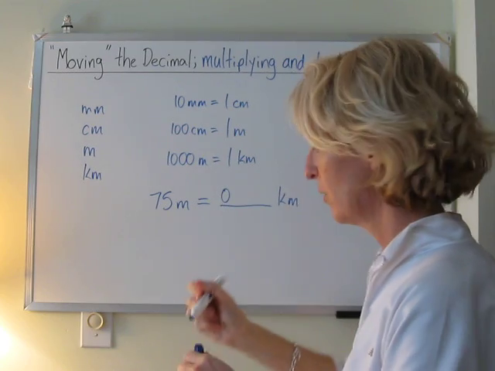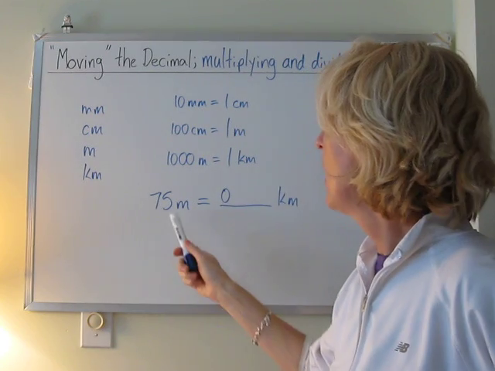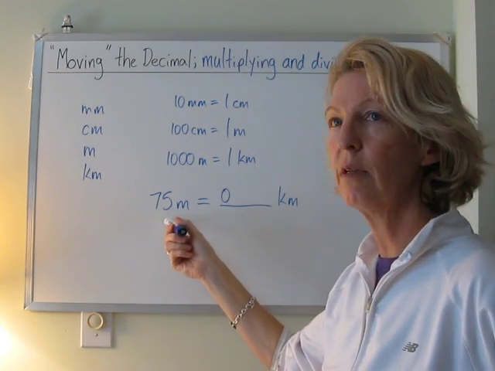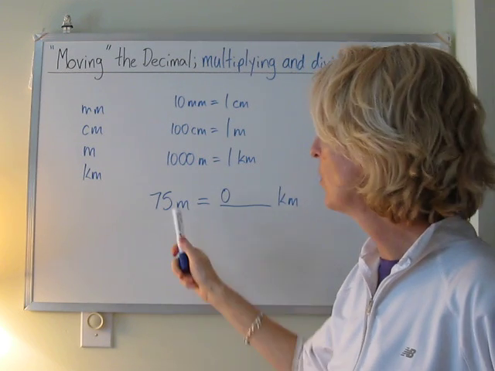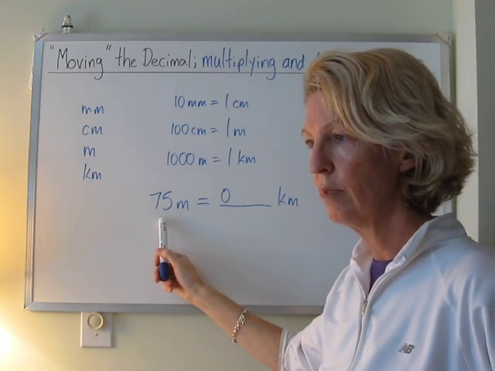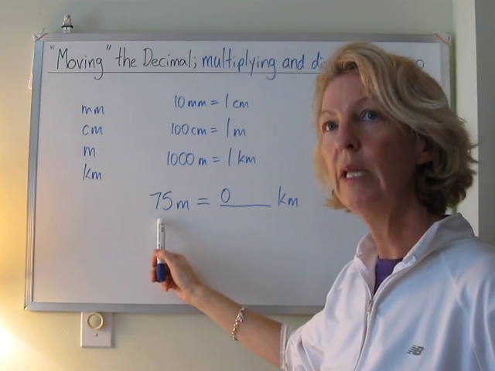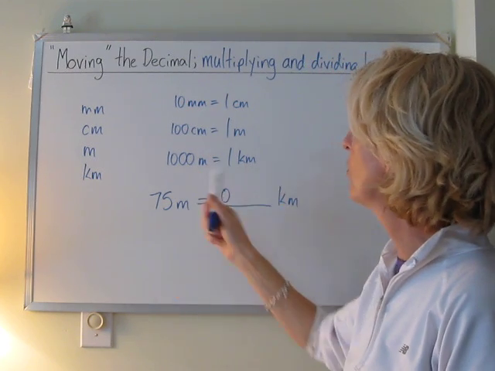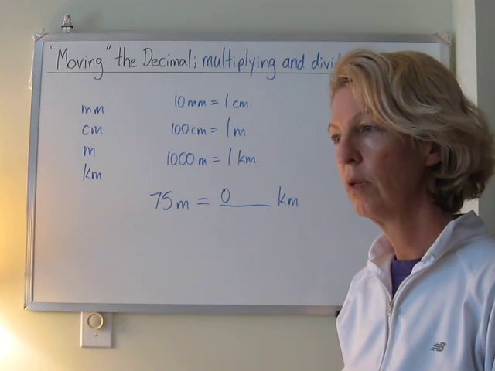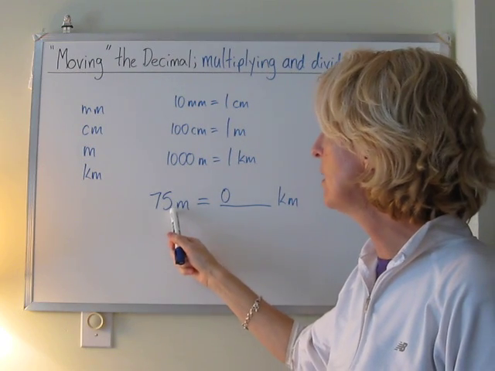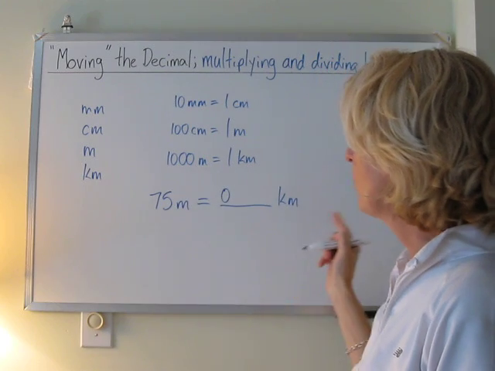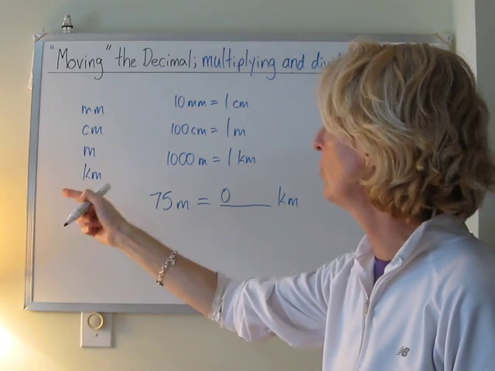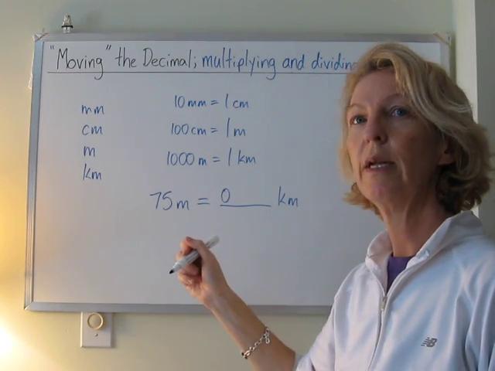So there's going to be a 0 here, because we know that how many meters in a kilometer? 1,000. So what are we going to divide this by? 1,000. And how many zeros are there in 1,000? 3. So how many places are we going to move the decimal? 3. And do we go this way to make the number bigger or this way to make the number smaller? That way to make the number smaller.